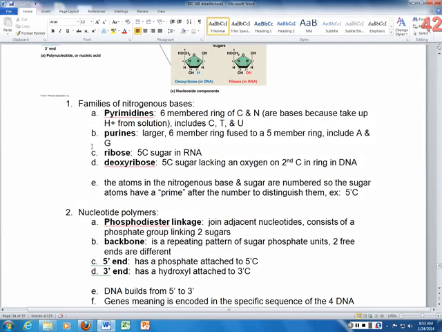So your nitrogenous bases in here, they fit into 2 categories, pyrimidines and purines. Pyrimidines are 6-membered rings, and they're going to include cytosine, thymine, and uracil, the C, T, and U. The purines are a little bit larger. They're a 6-membered ring fused to a 5-membered ring, and they're going to include A and G, which is adenine and guanine.